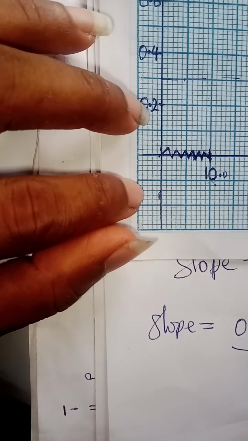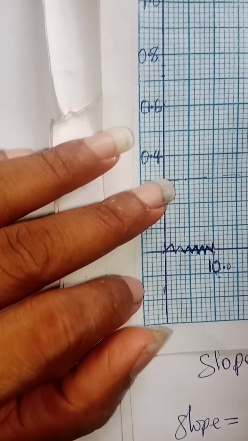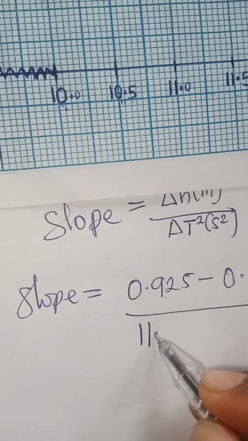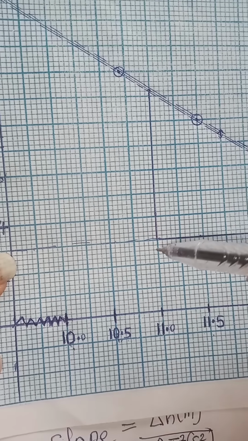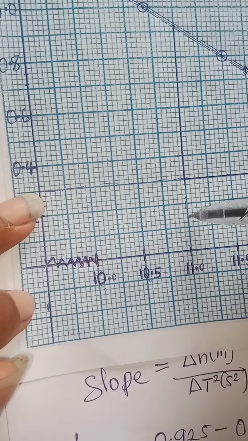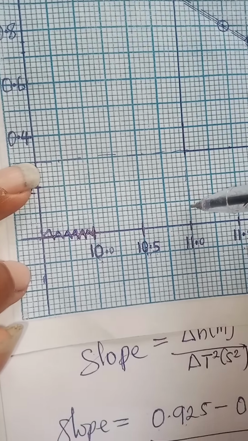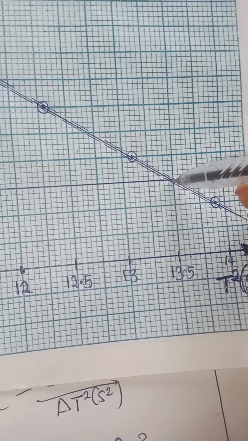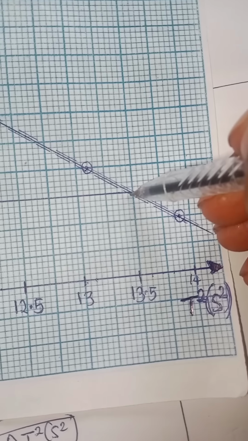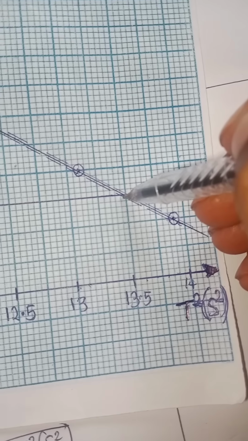Now, look at this point. This is a negative graph. So you need to write this one first of all, which is what? 11.0. This is 11.0. Look at it here. If you trace this thing, you will get 11.0. And then this one is 13.5.